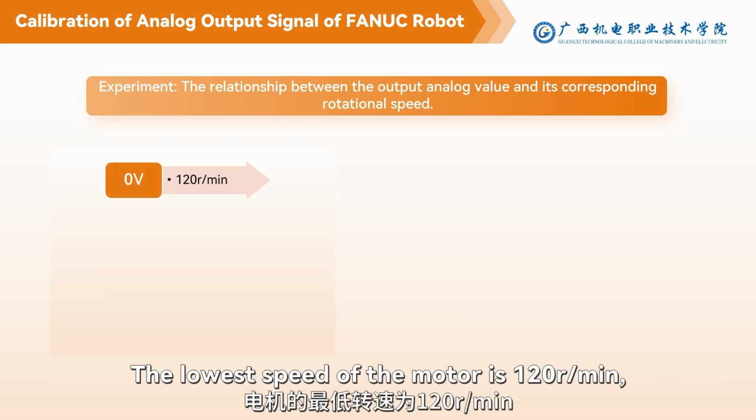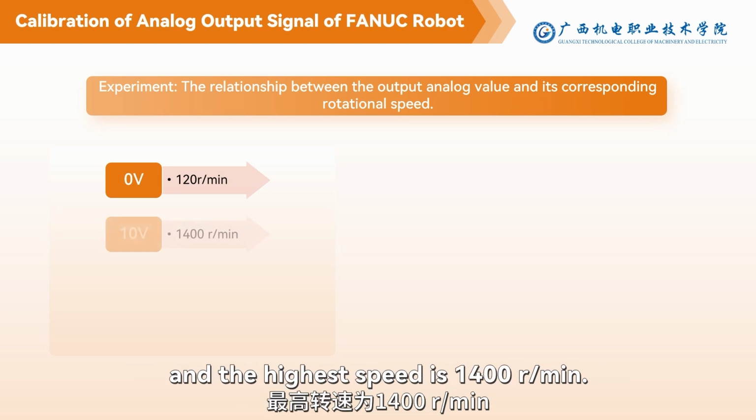The lowest speed of the motor is 120 revolutions per minute, and the highest speed is 1,400 revolutions per minute.